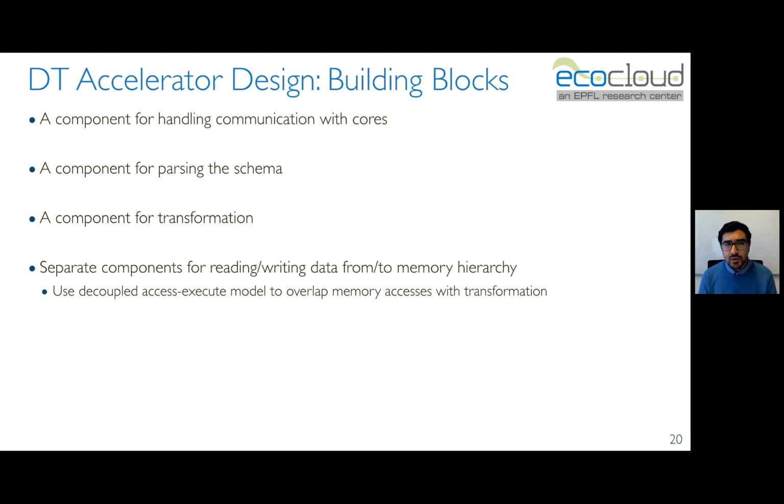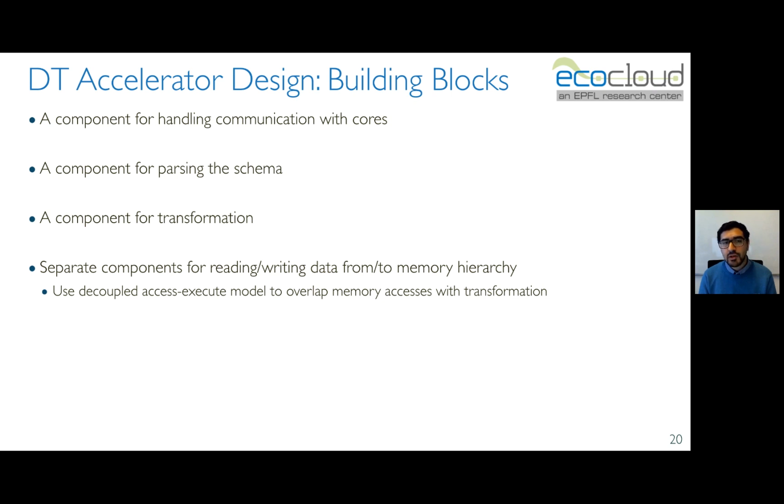Finally, to answer our last question, we need to identify what components the DTA should have. The DTA needs a component for communicating with the cores and keeping track of the requests. It needs a component for parsing the schema we just talked about, and we need a specialized component for the actual transformation, which can do such complex transformations in a few cycles.